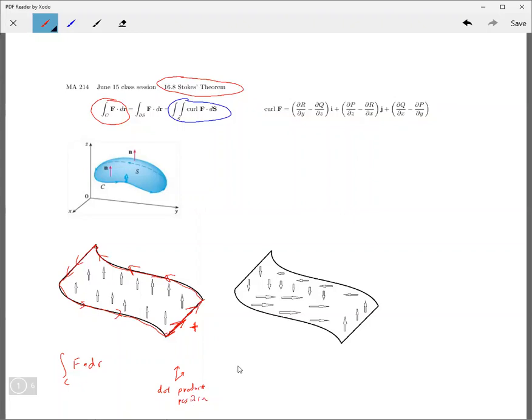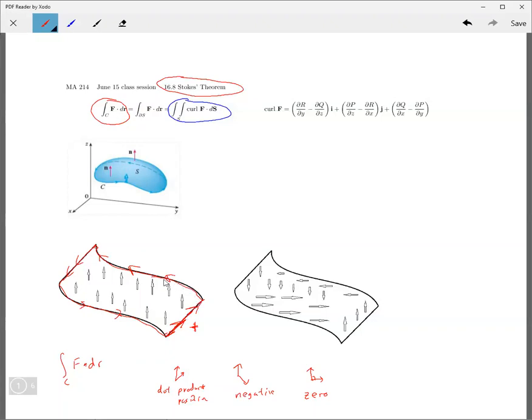If one's pointing this way and one's pointing that way, in opposite directions, then it's going to be negative. If they're pointing relatively in the same direction, it's positive. If they're perpendicular to each other, then the dot product is 0. That's the idea about the dot product.